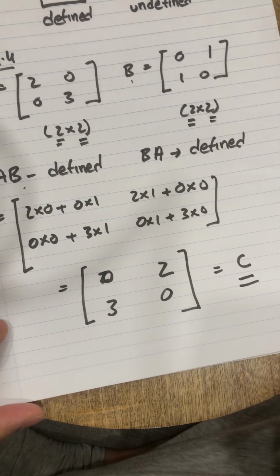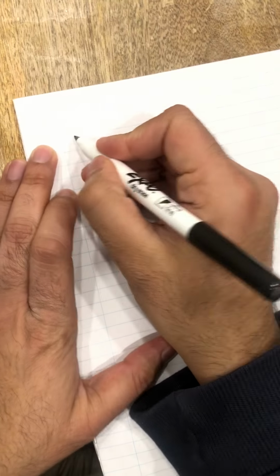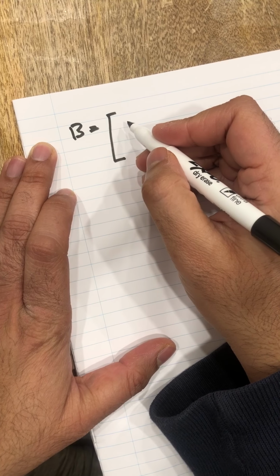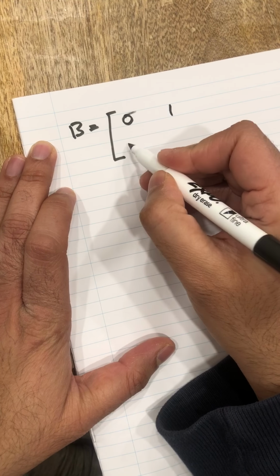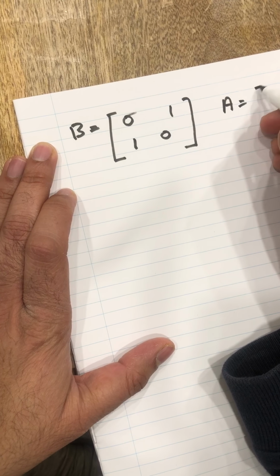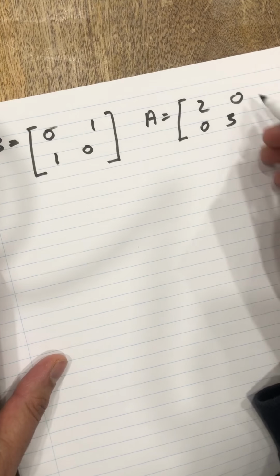But what happens if you do B into A? Now I have to write my B matrix first. Your B matrix was 0, 1, 1, 0, and your matrix A was 2, 0, 0, 3, right?